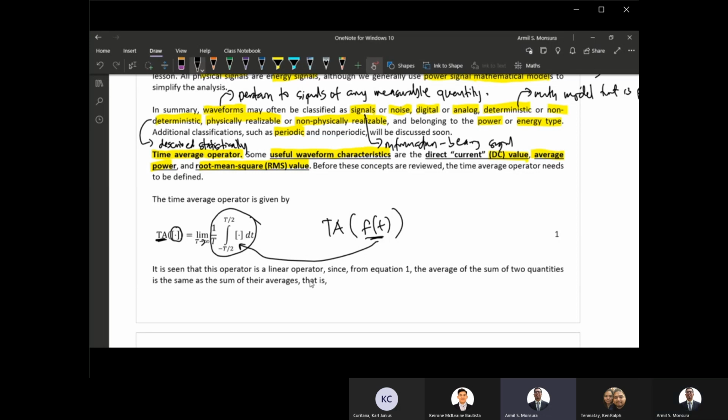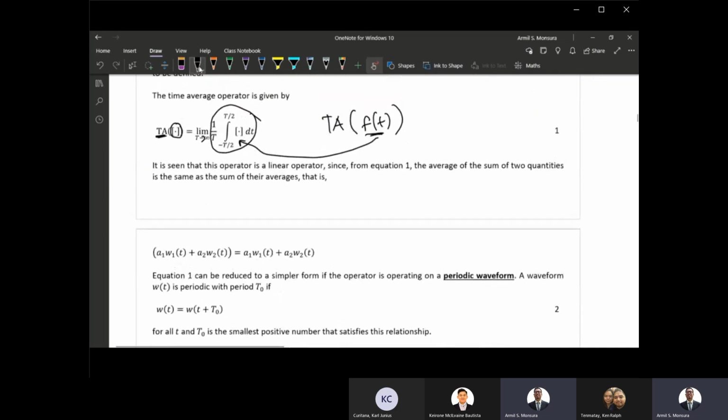Okay? So it is seen that this operator is a linear operator, since from equation 1, the average of the sum of two quantities is the same as the sum of their averages. So that is, if we actually have two waveforms, waveform 1, waveform 2, and both are scaled by A1 and A2 respectively, then we will be able to reduce this waveform into two components.